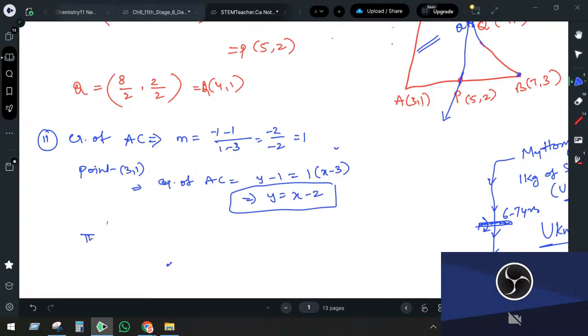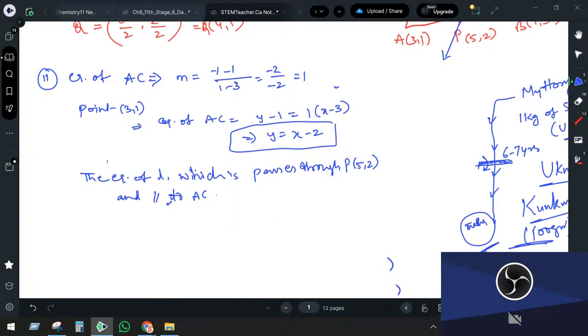And the equation of L, which passes through P (5, 2) and is parallel to AC.